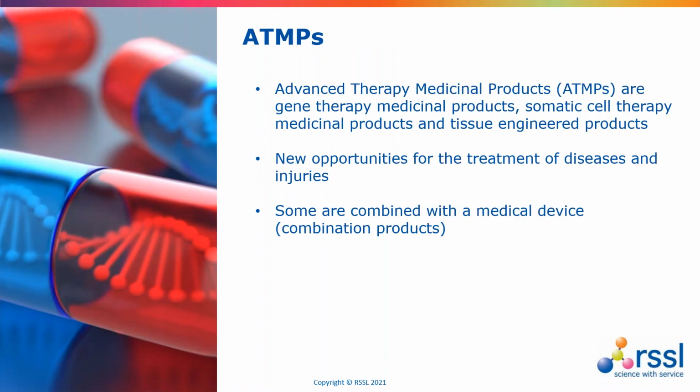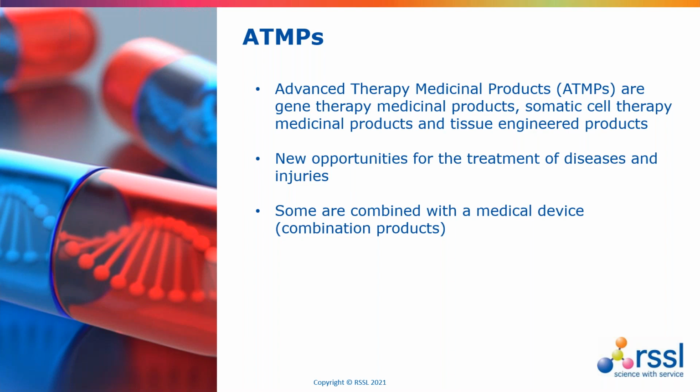Okay, so we've got this kind of broad collection of emerging products, which we can put under the banner of advanced therapy medicinal products. So this is a combination of gene therapy medicinal products, somatic cell therapy medicinal products, and tissue engineered products.